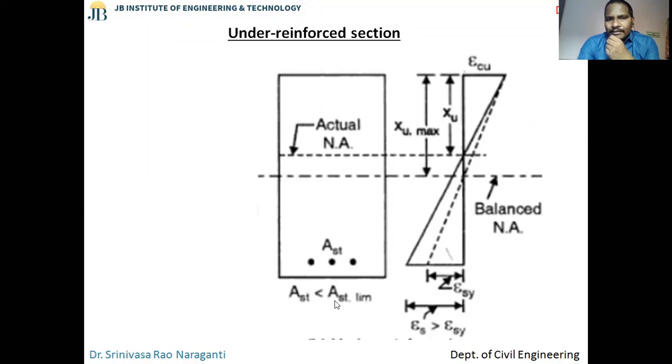The reinforcement is less as compared to the balanced section. Sorry, the depth of neutral axis is less as compared to the depth of neutral axis of a balanced section. These are the properties of under reinforced sections. Here the steel strain is more, which means steel will fail first before the concrete fails. That means strain levels are more in steel as compared to the balanced section in the case of under reinforced concrete.